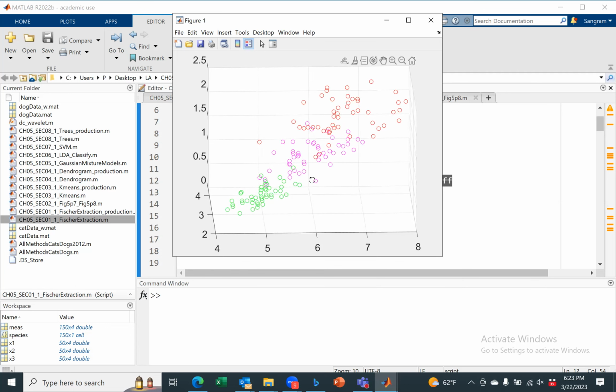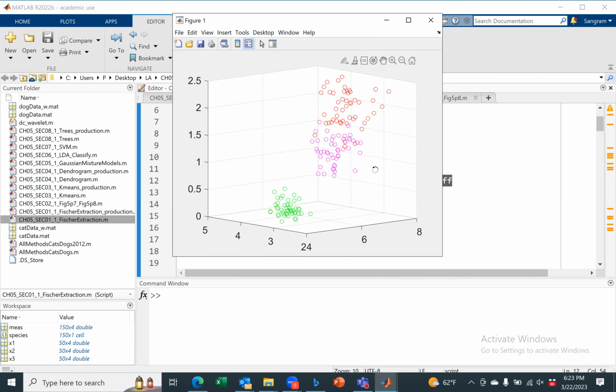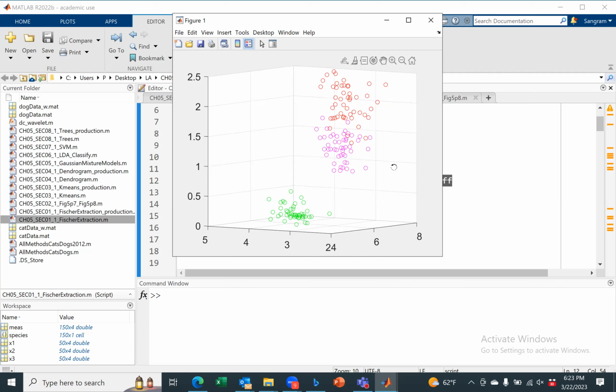And again, it completely depends upon your point of view. So if you have a good point of view, you will notice that the setosa, as shown in the green, is clustered over here. If you look at the versicolor, that is clustered over here. And if you look at the virginica, that is clustered over here.